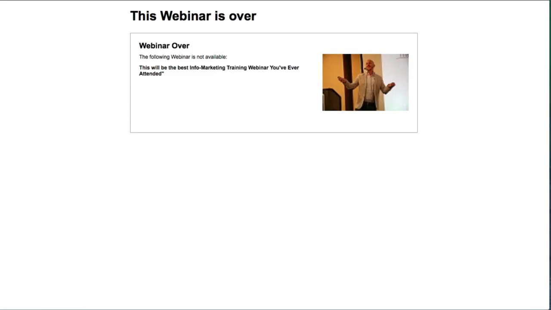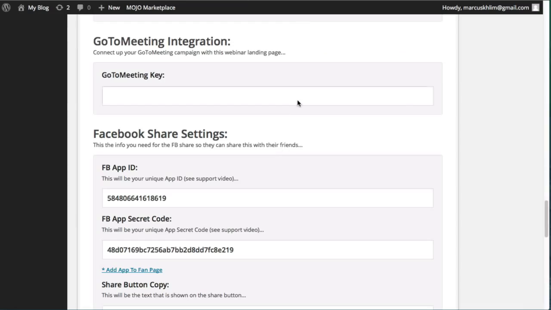At the end there's a 9-digit number, and this number is the key that you need. In this case, this is the number which I will copy and paste here. Obviously this particular webinar is now over, but that's the idea.